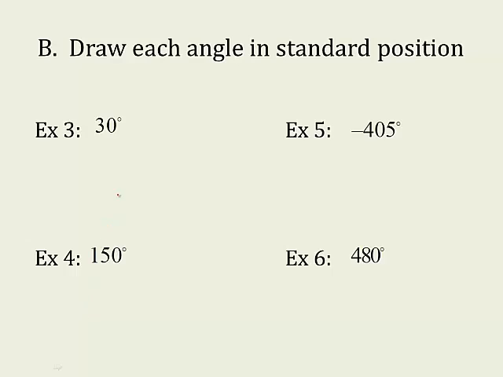All right, the next type of problem says, draw each angle in standard position. Okay, remember, in your 4 quadrants, the initial side is always right here on the positive x-axis. That is initial. All right, remember your angle measurements, 90, 180, 270, 360. You don't have to write these in, I'm just doing it to show you. So where would 30 degrees be? It's positive, so I'm going to go counterclockwise.